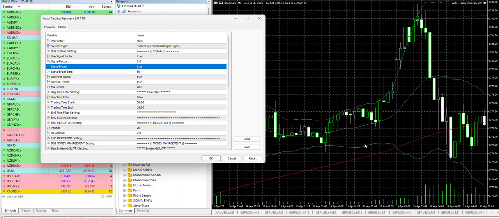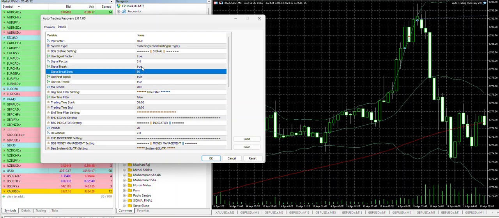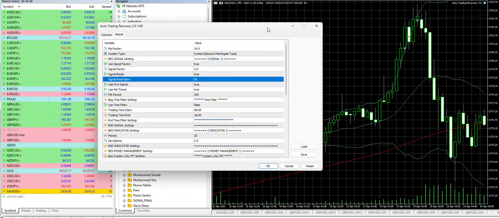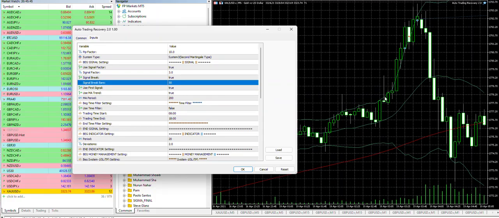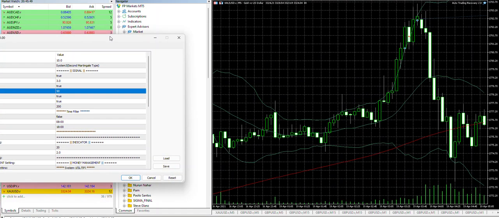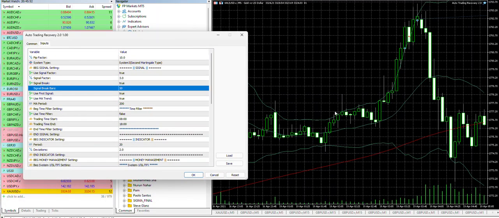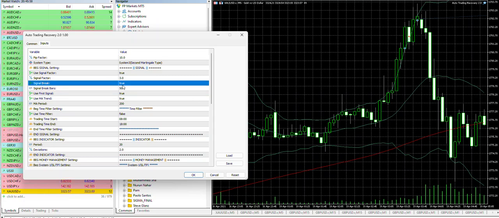Signal break is used to filter the trades. Let's take an example. Let's say we have a buy signal here. This one will not apply, because this filter will not allow the trade to execute.